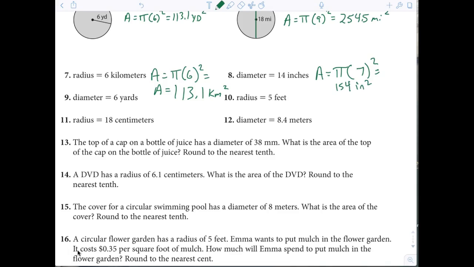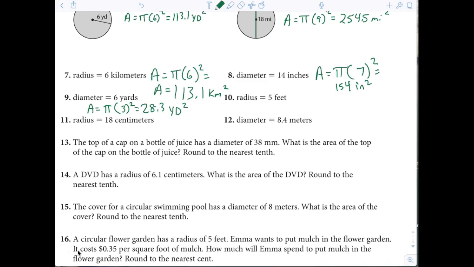$154? Okay. Number 9. What do I do, Mia? Good. Tell me what that is. Joseph, you're next. Somebody said 28.3. Is everybody agreeing? Make sure you put the units, please.